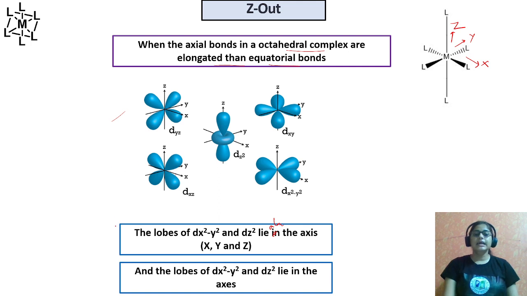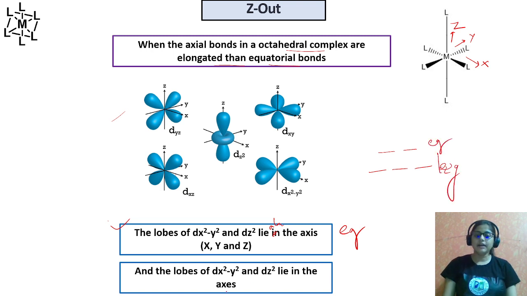First, dx square minus y square and dz square lie along the axis, and these are called EG, which I was talking about, T2G and EG.